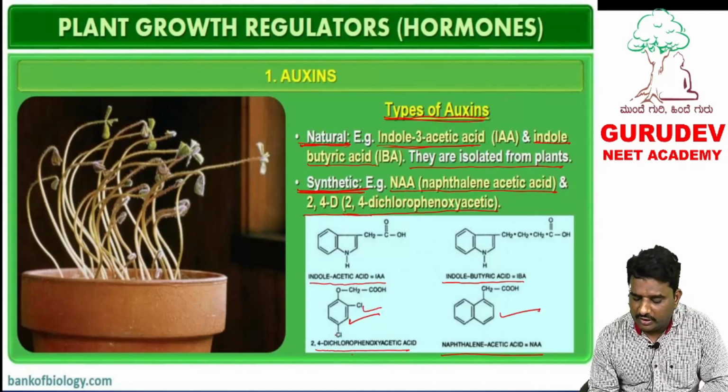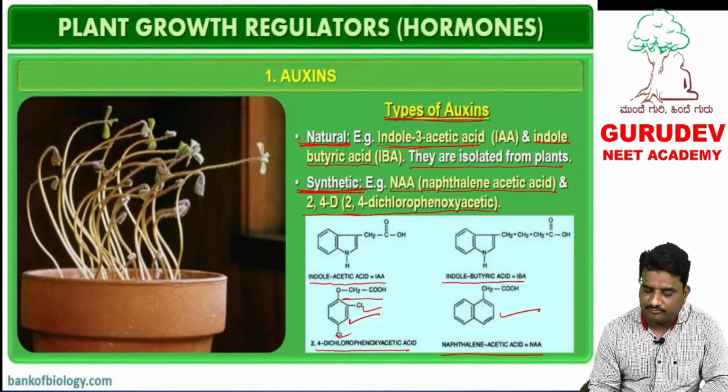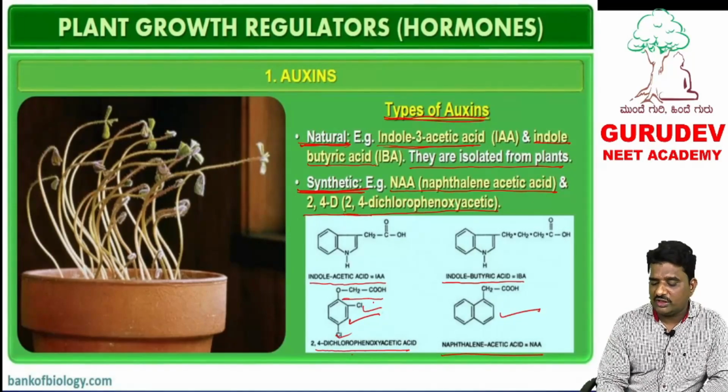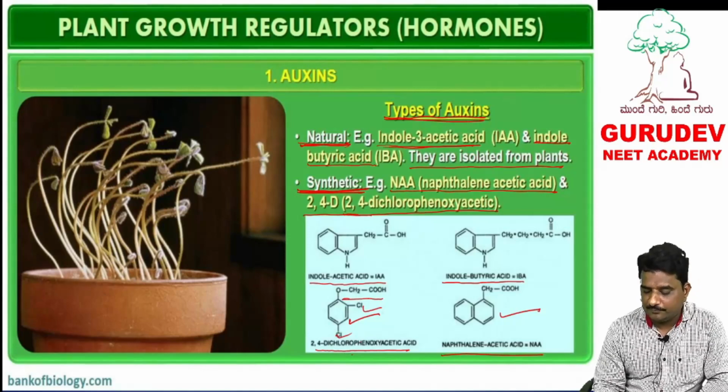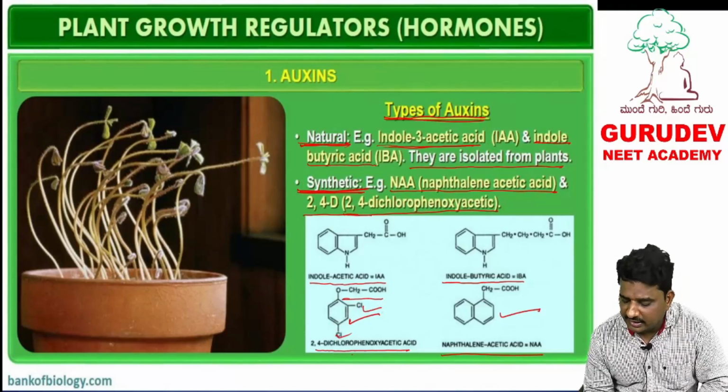There are two chlorine atoms, a phenyl group, and an acetic acid group is present here. 2,4 means a chlorine atom is present at carbon number 2 and carbon number 4.